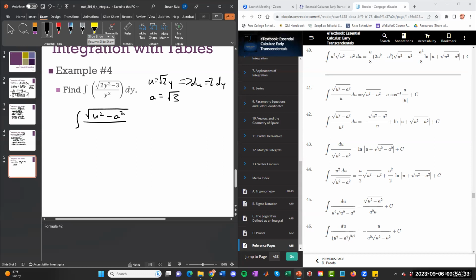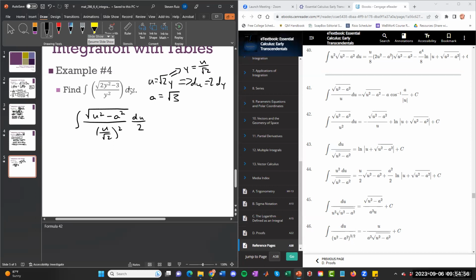Over what? If u equals radical 2y, then what does y equal? u over root 2. So this becomes u over root 2, squared. What's dy? du over 2? But wouldn't we have to change it?